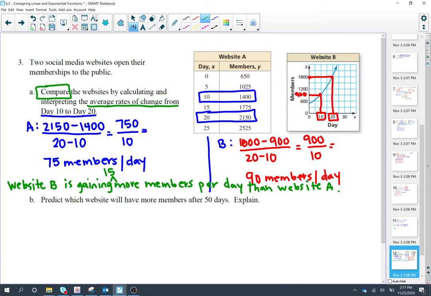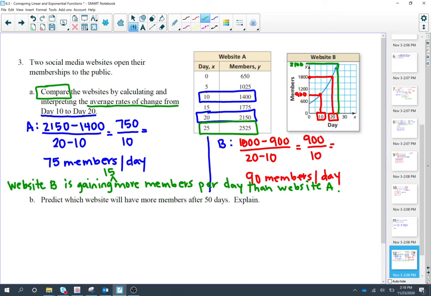Part B, predict which website will have more members after 50 days. We could try to find how many members they're going to have after 50 days, and we could also make a guess before we start. Which one will have more members after 50 days? At 25 days over here, it's not even quite hitting the graph, but it looks like about 2,100.